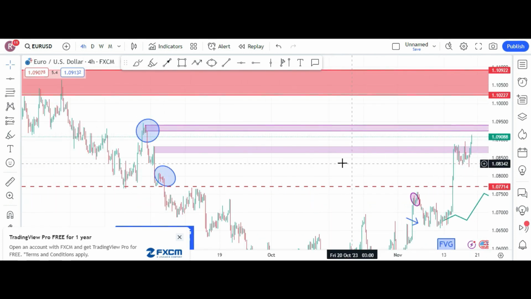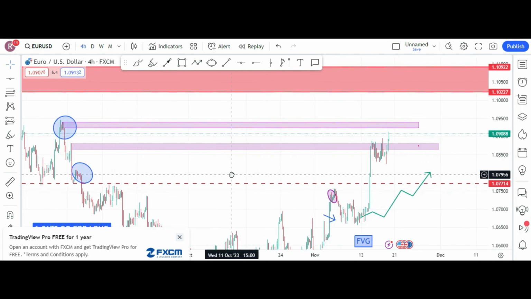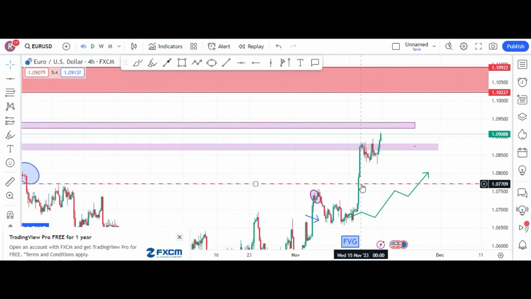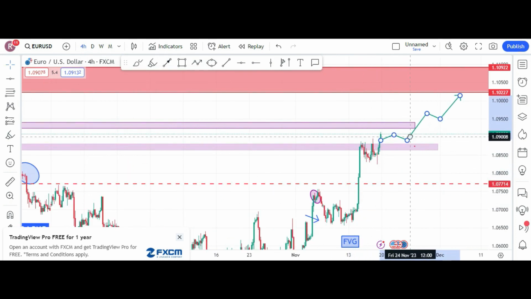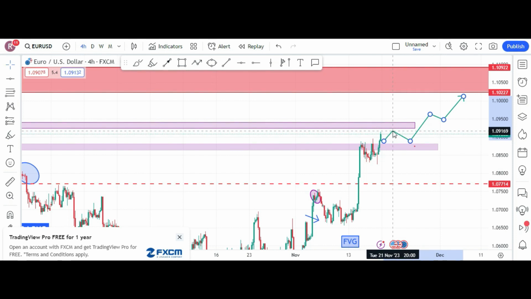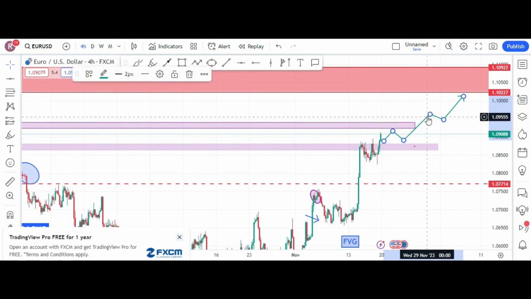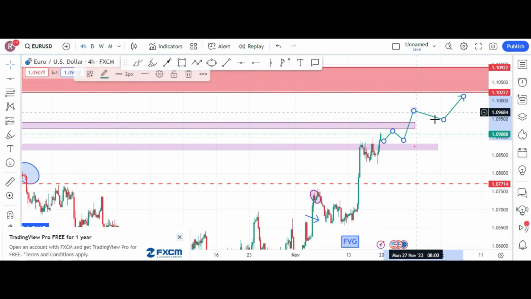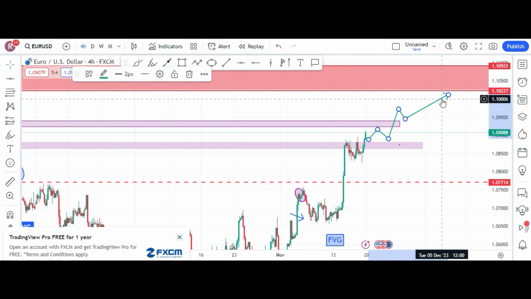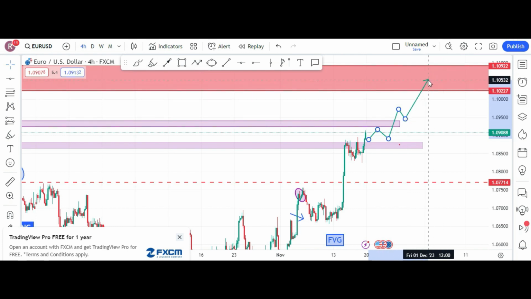My way of thinking is that we need to watch for this area, and the thing that can happen now is like this. It has already moved up, so it will come and retest, and then it will break this area, and then it will again retest this area, and this will go here.